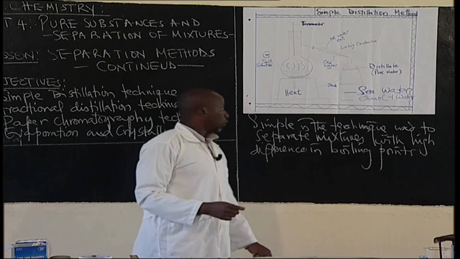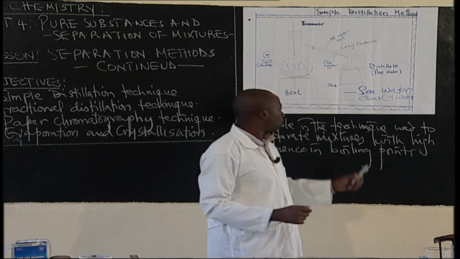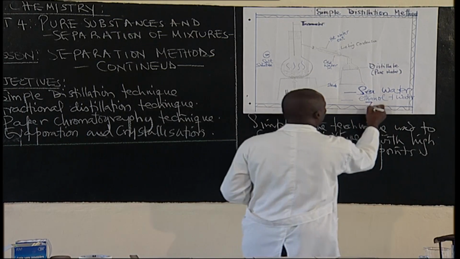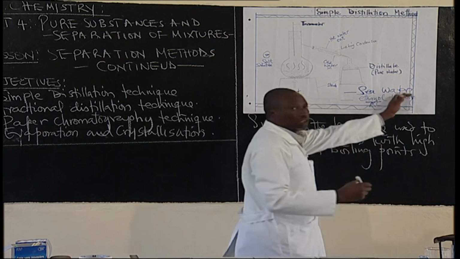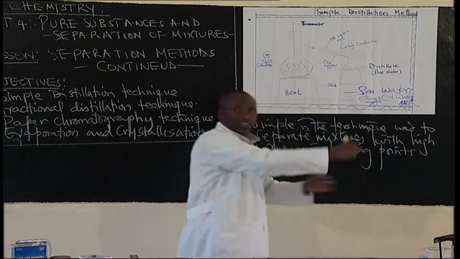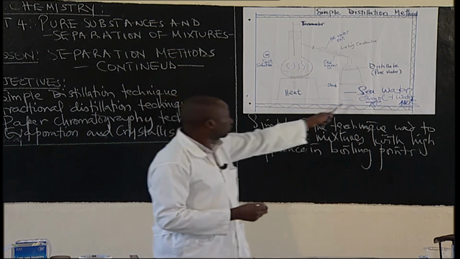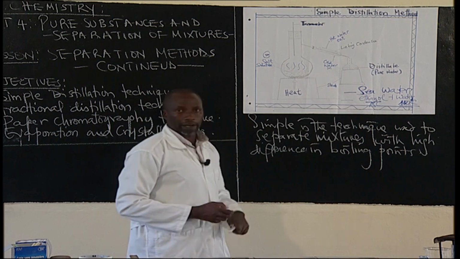We have ethanol and water as a simple example. Ethanol boils at 78 degrees Celsius, and water boils at 100 degrees Celsius. So there is a big difference in the boiling point, and we can use this technique to separate them.